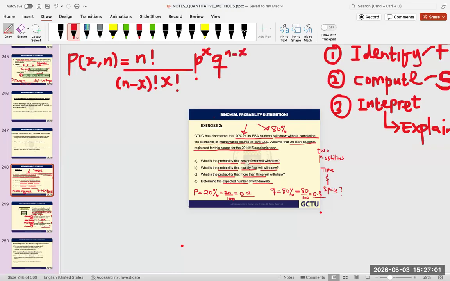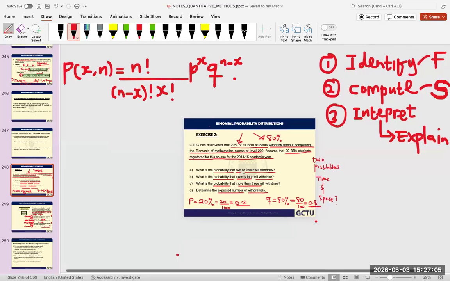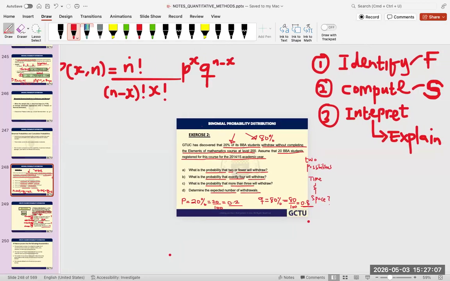This will be in the formula sheet. So you go pick this formula which you have identified. So we are done with the step. We have identified it.